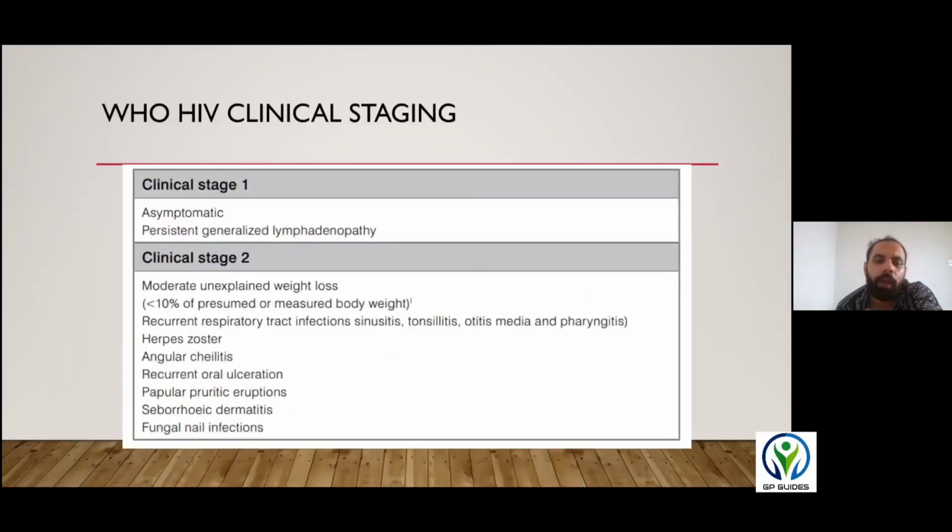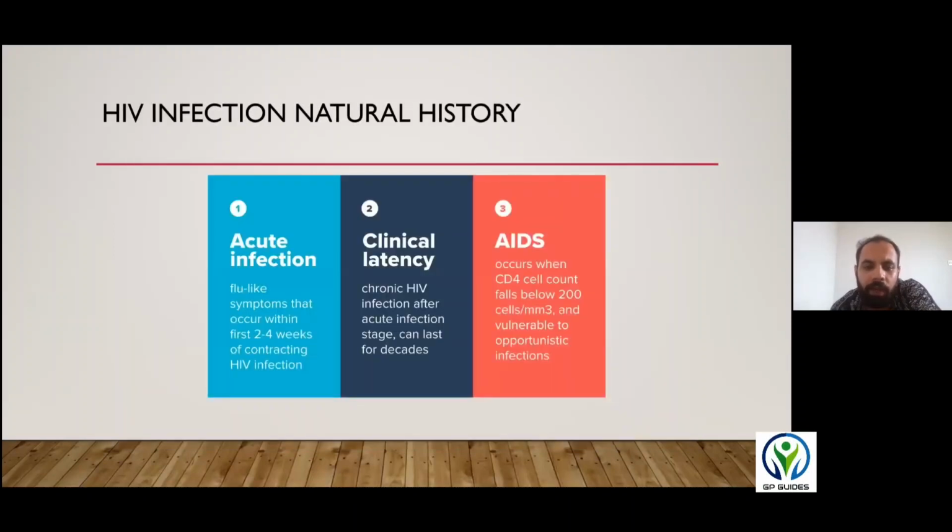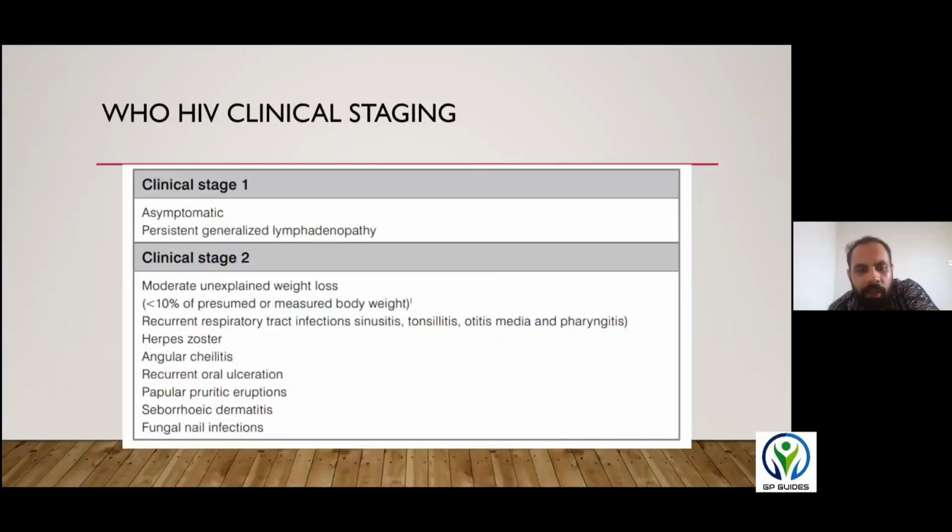Now, WHO has given a clinical staging for AIDS also. There are basically 4 stages: stages 1, 2, 3, and 4. As I have already told, there is an acute infection, then the patient goes into clinical latency and then into AIDS. The acute infection manifests as a flu-like syndrome. You also call it an acute retroviral syndrome.